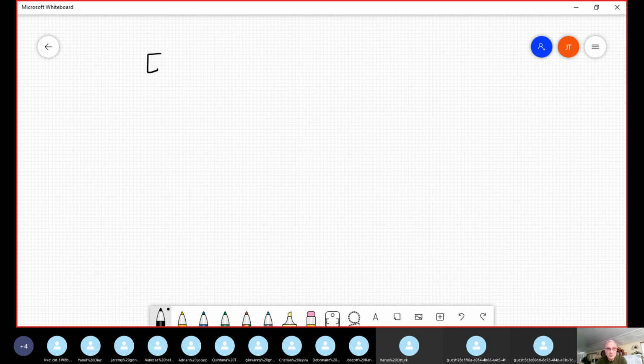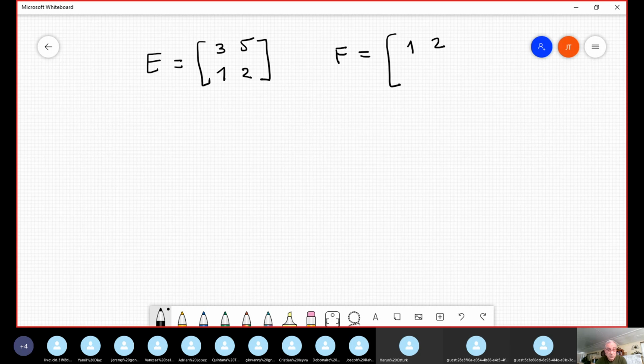Suppose E is a matrix formed by 3, 5, 1, 2. And F is another matrix: 1, 2, 3, 4.